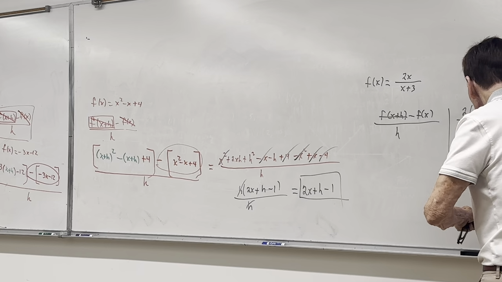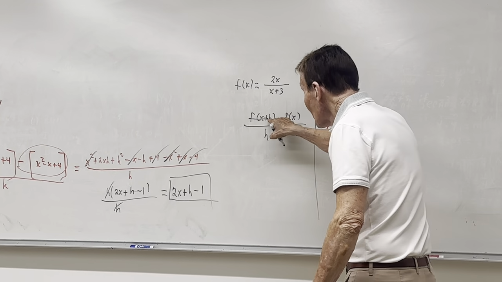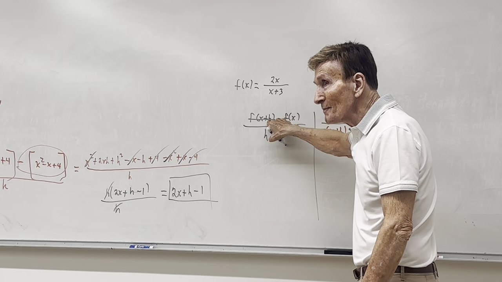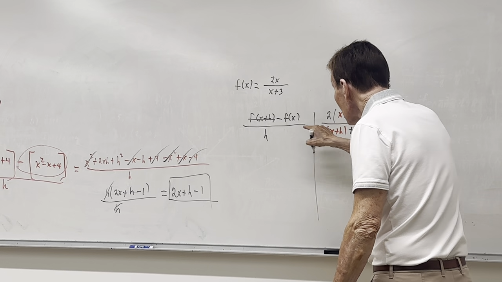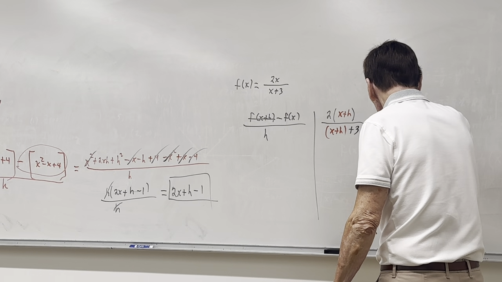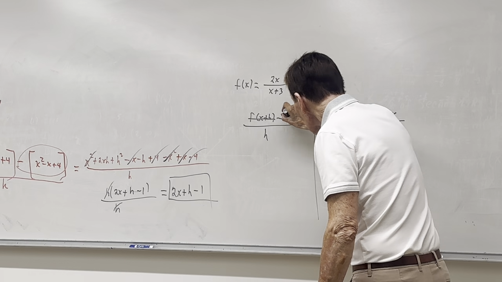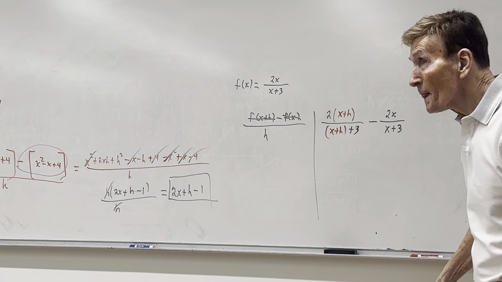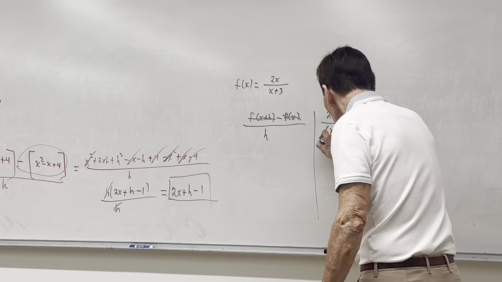Plus 3, still there. Now that takes care of that. What a mess. Then subtract from that the original function. That's 2x over x plus 3. That takes care of that. All over what? H.